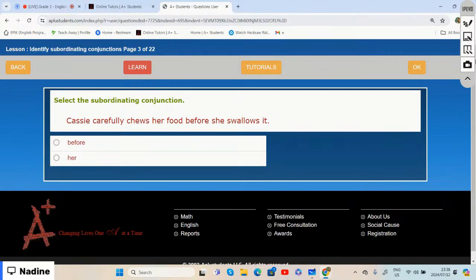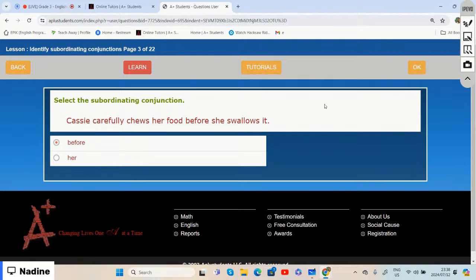Is it before or is it her? All right, and if we were to choose the correct one, we would say Cassie carefully chews her food before she swallows it.